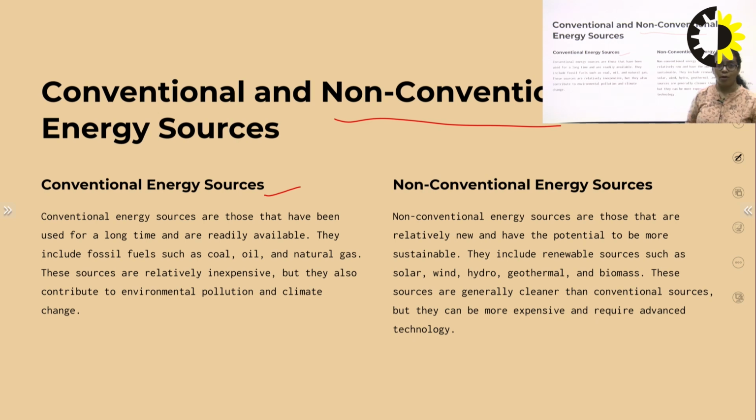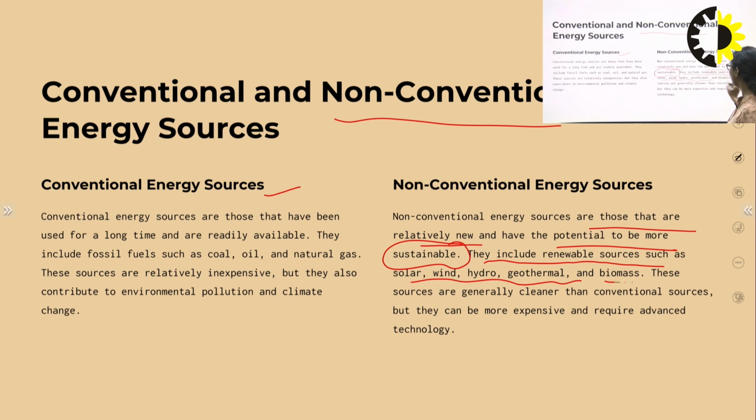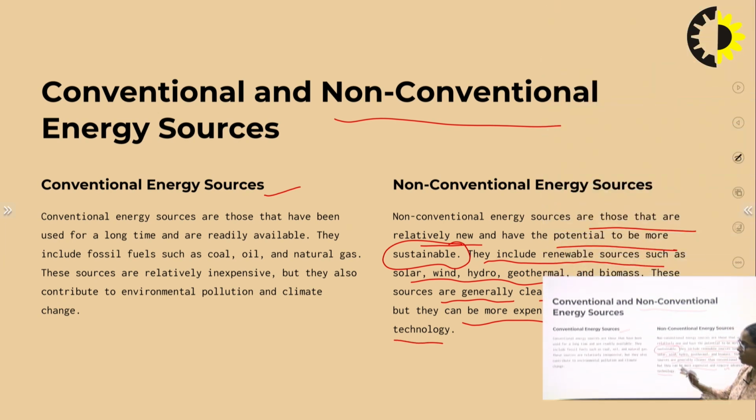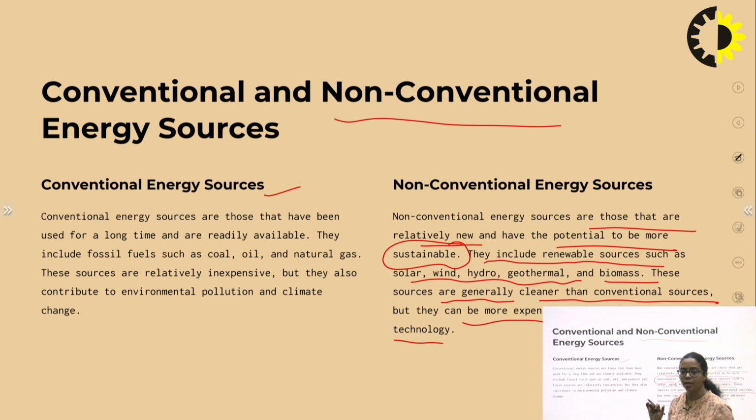Non-conventional energy sources are those that are relatively new and have the potential to be more sustainable. So this is a very important factor, that is sustainability. They include renewable sources such as solar, wind, hydro, geothermal and biomass. These sources are generally cleaner than conventional sources, but they can be more expensive and require advanced technology. So this is the basic difference between conventional and non-conventional energy sources.